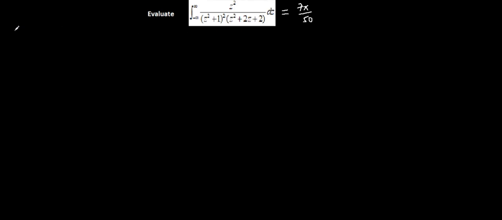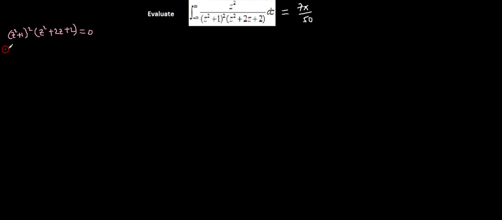So first of all, let's consider the denominators. We have (z squared plus 1) all squared into (z squared plus 2z plus 2). Let's equate the denominator to be 0.